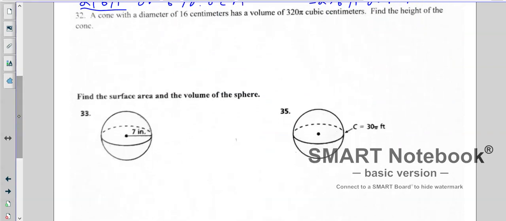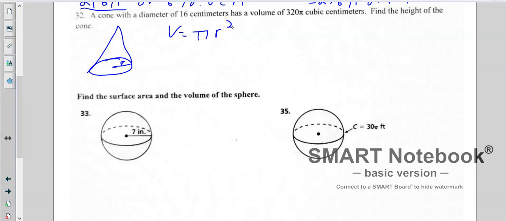A cone, so circle, with a diameter of 16, which means it has a radius of 8, has a volume of 320 cubic centimeters. So remember, volume of a cone is pi r squared height divided by 3.